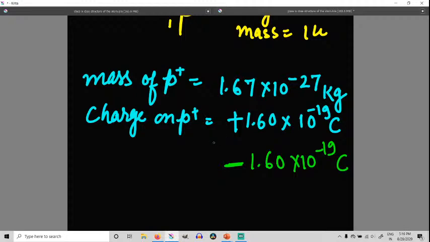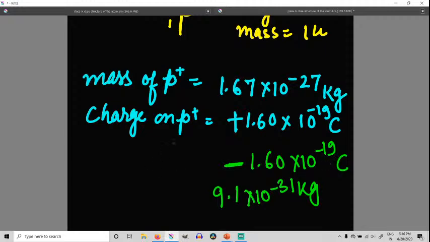Now I would like to tell you one more thing. What was the mass of electron? If we need to compare, like we have compared the charges, in the last class we saw the mass of electron is 9.1 × 10^-31 kg, and its charge is minus 1.6 × 10^-19 coulomb.